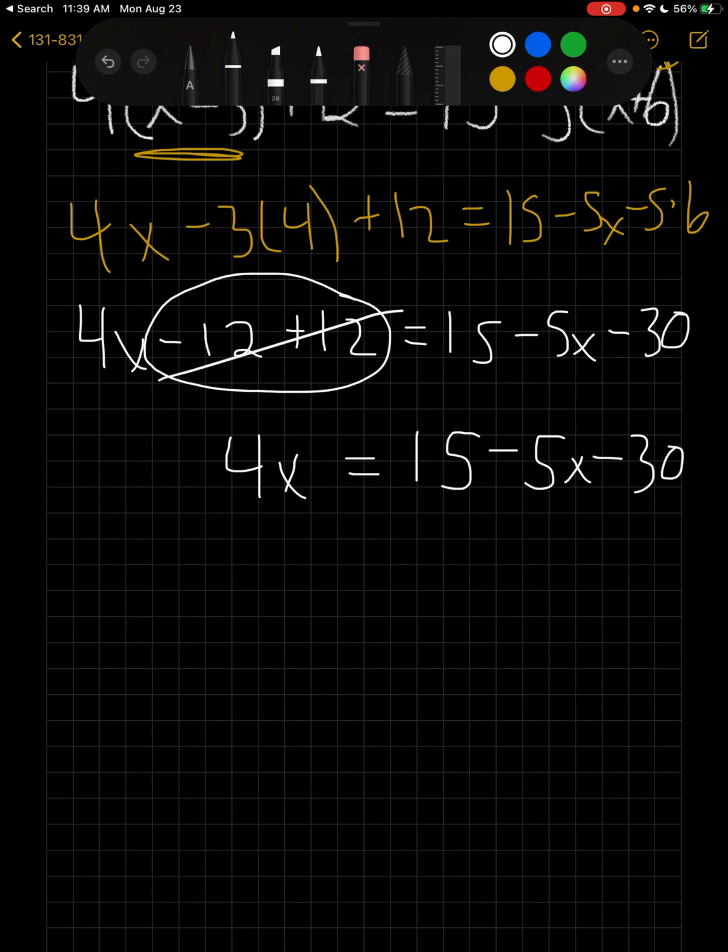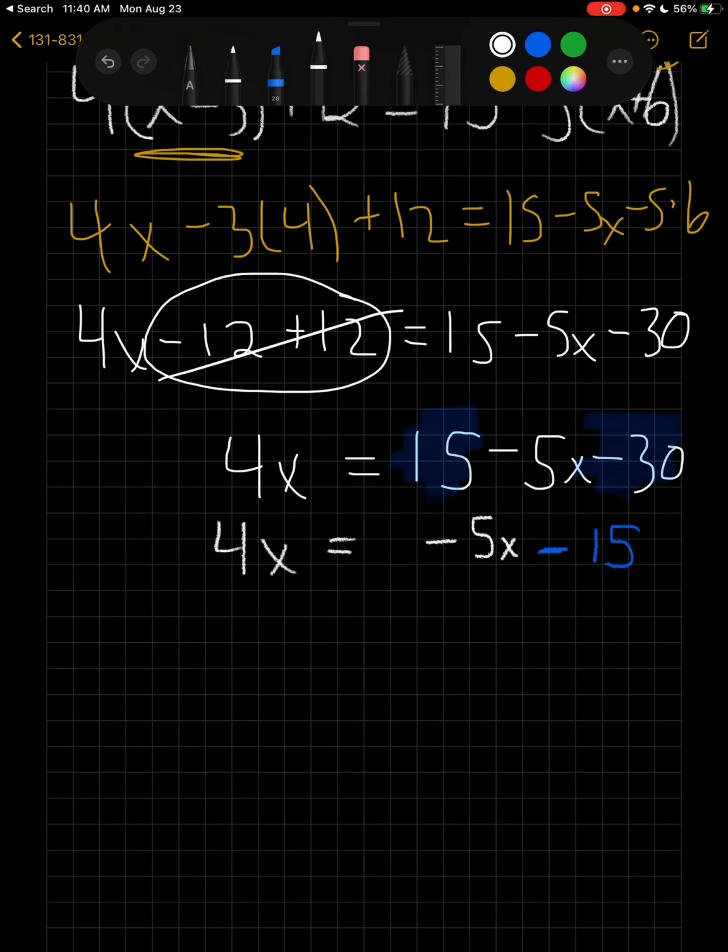So I see here that I have some like terms I can handle on the right-hand side. I know what 15 minus 30 is, or I can use a calculator to find out if I don't. Calculators are okay in this class, by the way. So 15 minus 30 gives me negative 15. And I still have that negative 5x to worry about here.